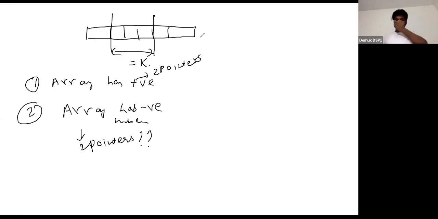Why? So my question is that currently in the question you are given that the array has only positive numbers. So you said that yes, we can apply 2 pointers. I am just modifying the question. I'm saying, what if the array had negative numbers also? Can you apply 2 pointers then?